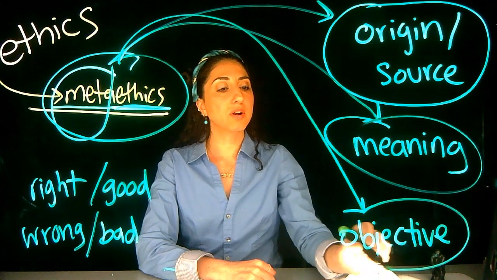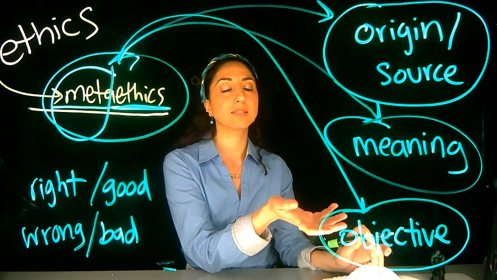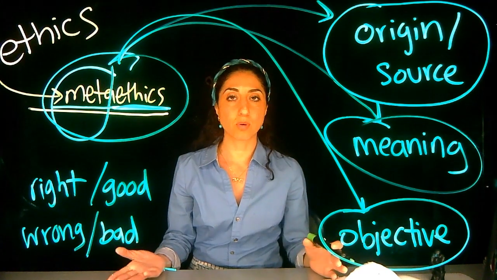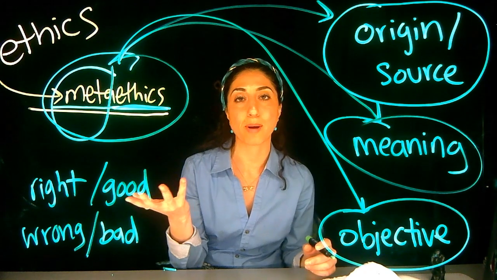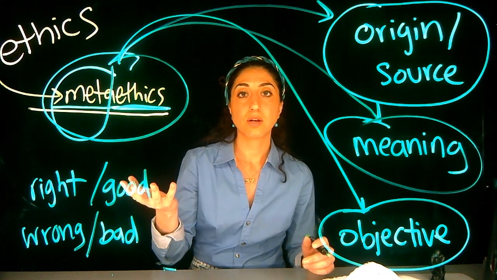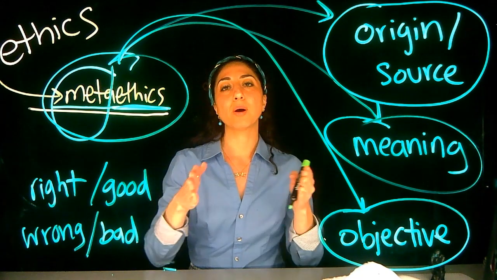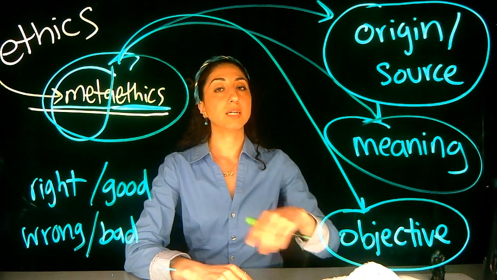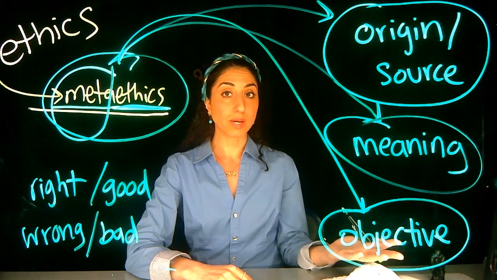So here's another subfield, if you will, of metaethics. It asks about the scope of truth. When someone makes a moral claim, they say that it is wrong to lie to your father about whether you brushed your teeth. Is it objectively wrong? Is the truth about what's right or wrong objective, applying to everyone, everywhere, forever, always?